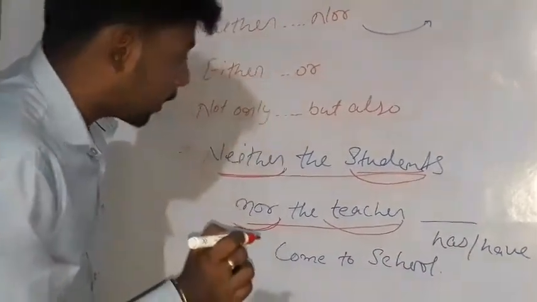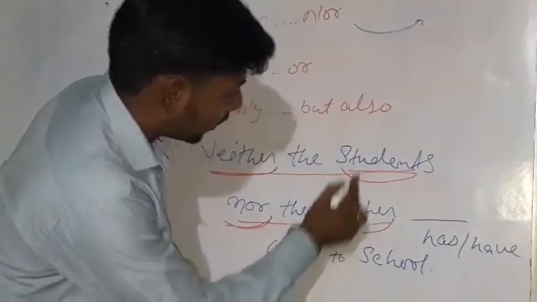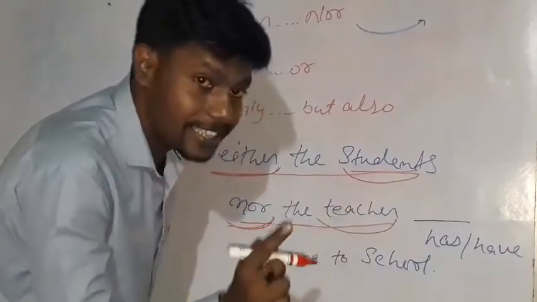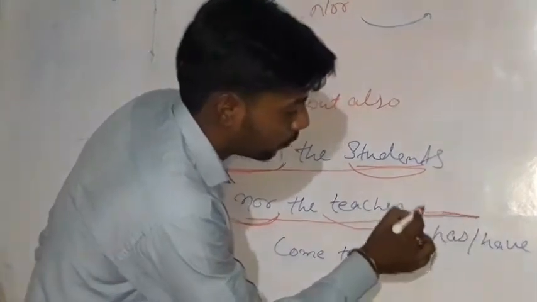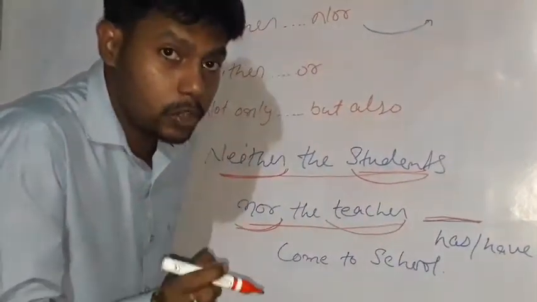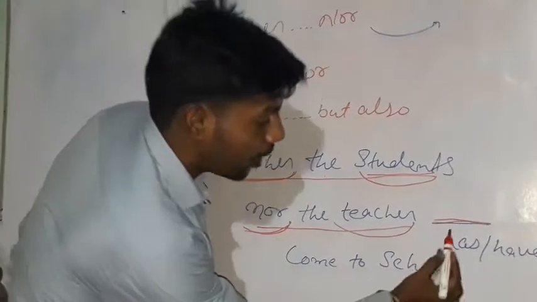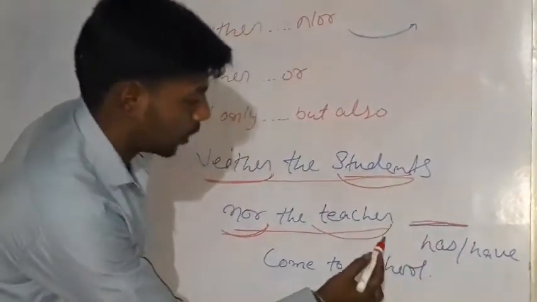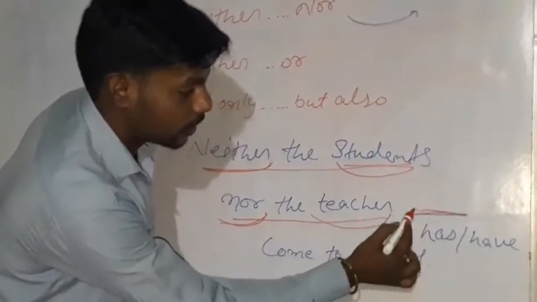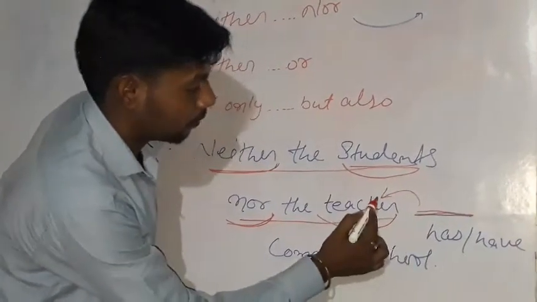Now you have to choose which one is suitable. There are two nouns. Which one is closer to the place of verb? Here you have to put the verb. Teacher is closer.